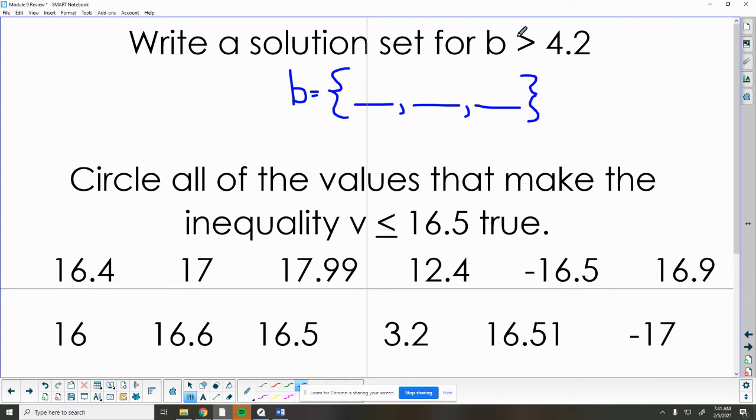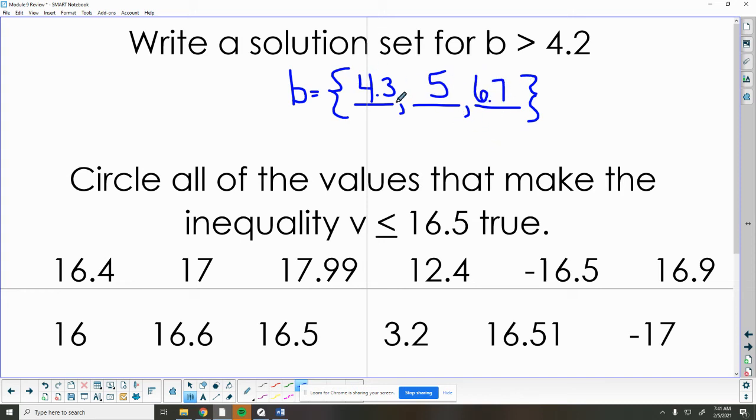So B is greater than 4.2. I want you to see if you can think of 3 things that are greater than 4.2. So can it be 4.2? No, we don't have that equal sign. So I could say 4.3 is bigger. I could say 5 is bigger. I could say 6.7 is bigger.